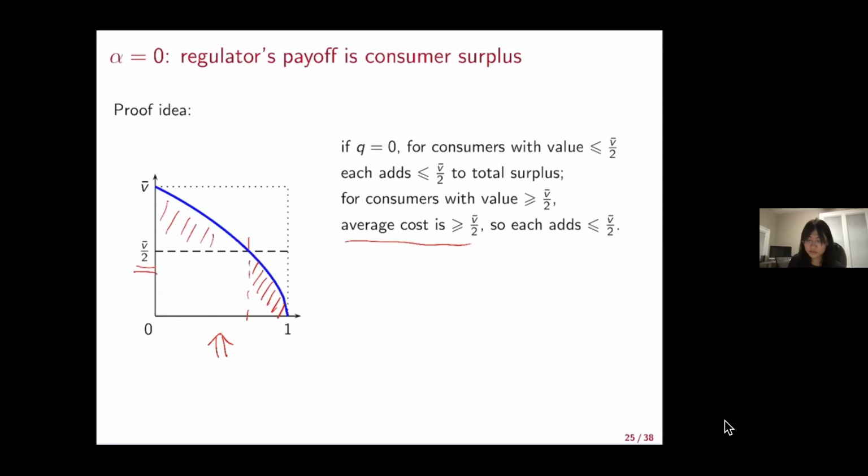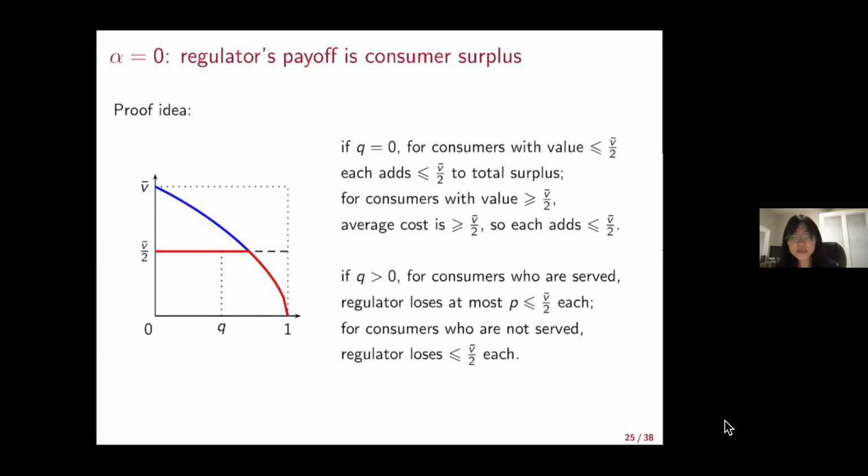Now, let's look at the second scenario. The second scenario is that the firm tells the regulator, I still want to produce. So I want to produce Q units. And now for all the consumers who are to the right-hand side of Q units, the argument is the same as before, right? So either they don't contribute more than half V bar per consumer, or the additional average cost of serving these consumers is higher than half V bar.